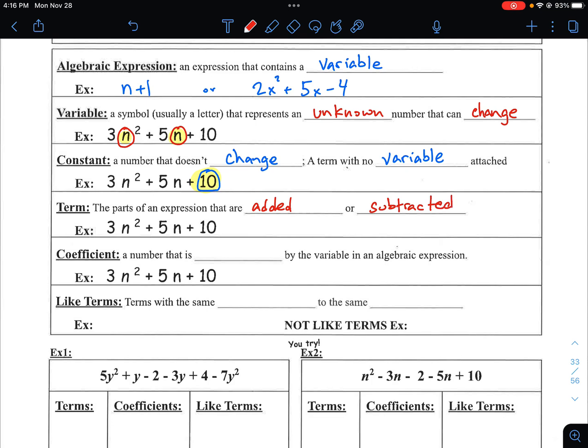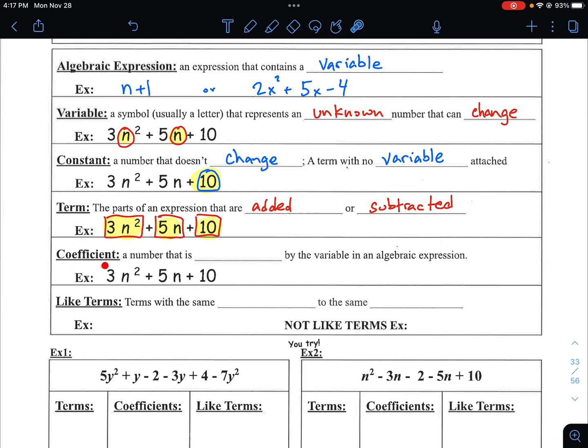So, what are my terms here? They are 3n squared, they're 5n, and they're 10. So this is a term, this is a term, and this is a term. So what are terms? They're separated by pluses and minuses, to keep it simple. There's more to it than that, but this is a good enough definition for right now.